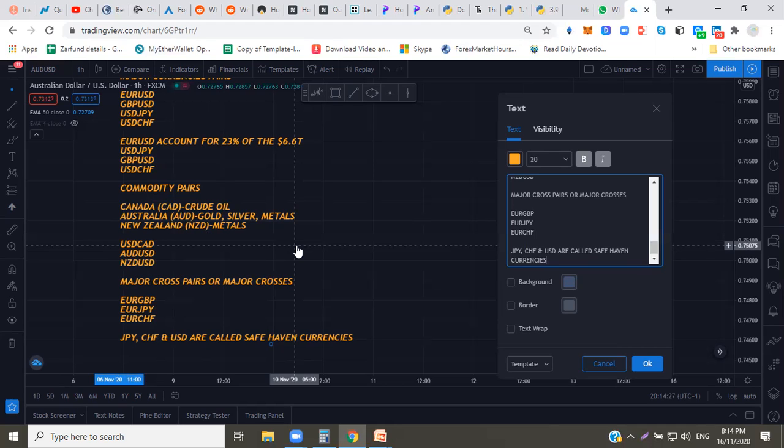Okay. So now, for example, if you have an index that has 30 stocks within it, let's say a particular index called the US 30. It's also called the Dow Jones Industrial Average, DJIA. In the forex market it is called US 30.